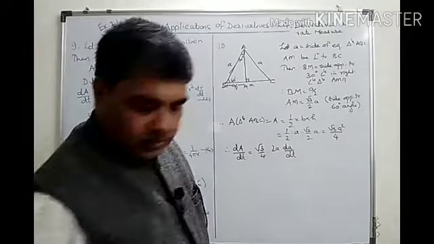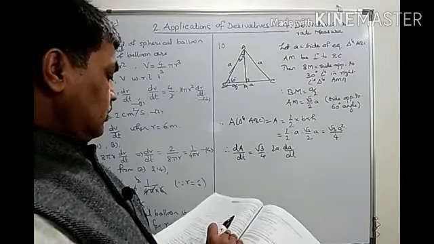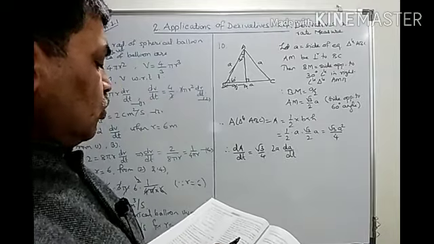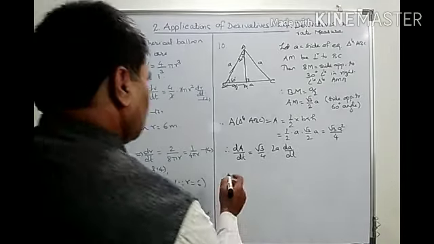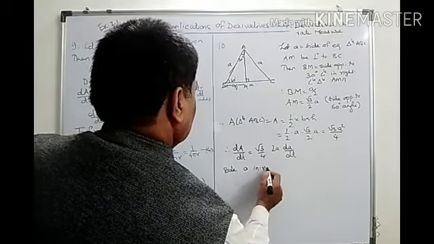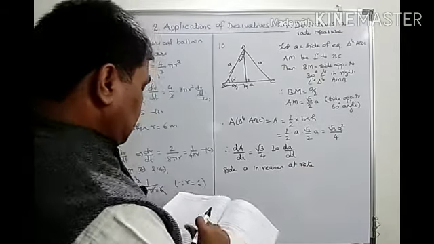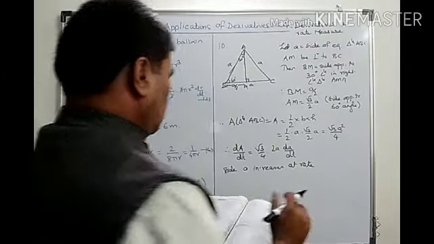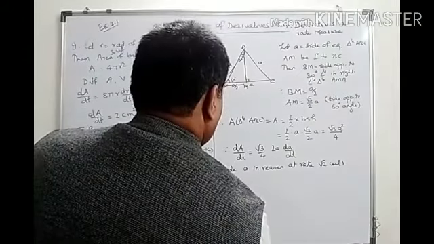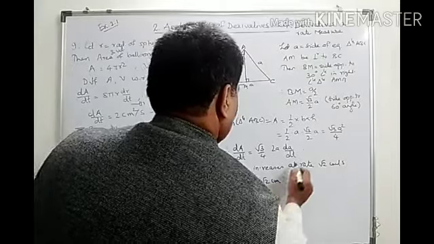Okay. Now what is given? Each side of equilateral triangle increases at root 2 centimeter per second. Okay. Side A increases at the rate root 2 centimeter per second, and therefore dA by dt is equal to root 2 centimeter per second.